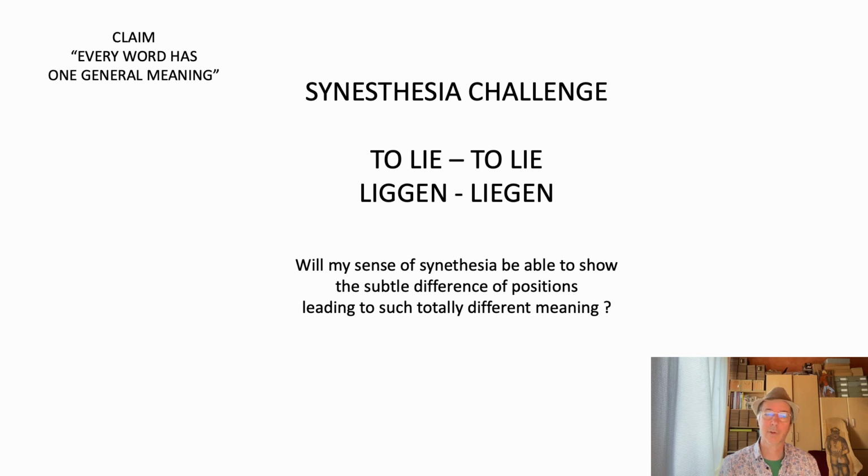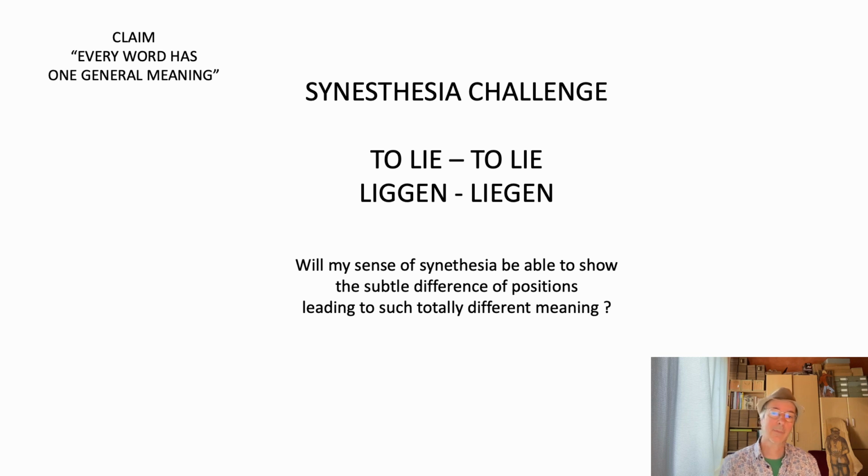So we have the word to lie, lying something somewhere, or to lie. And there's almost no difference that you can hear between these two words, but they have two completely different meanings. So I have to prove it. How does it come that there's almost no difference and the meanings are completely different?